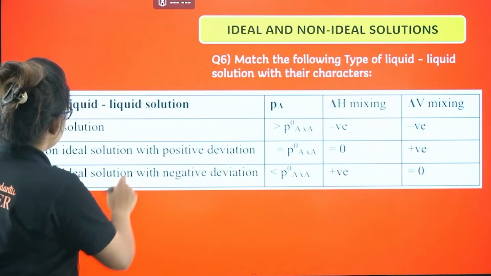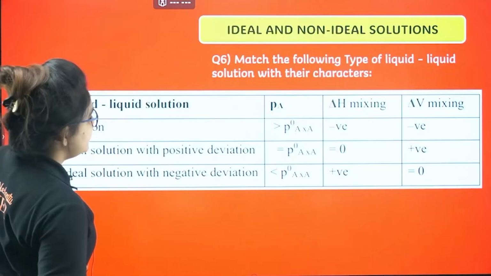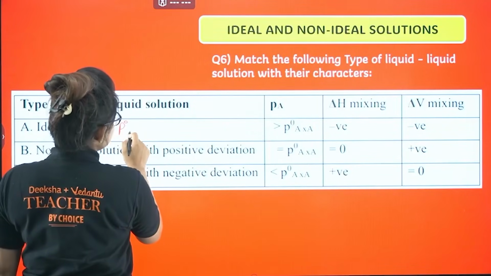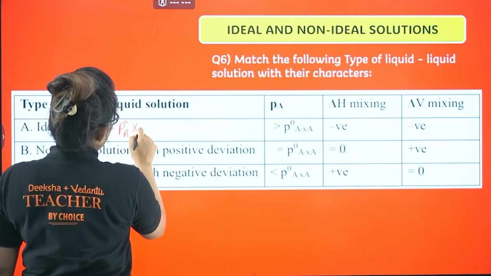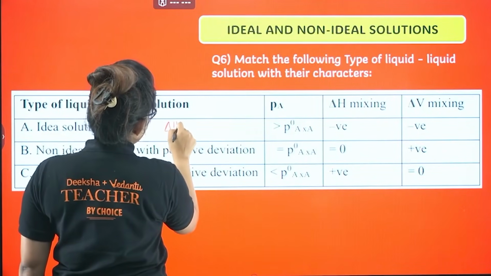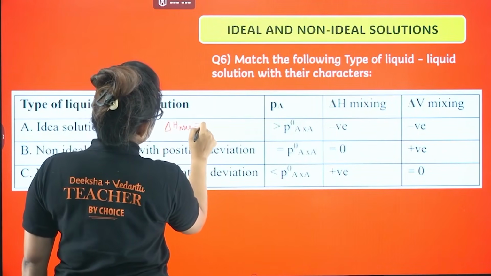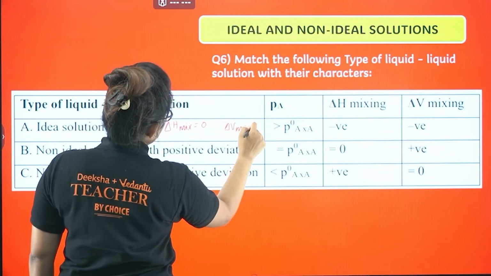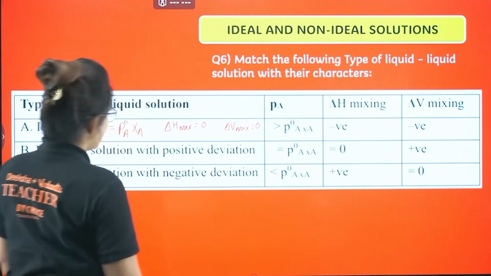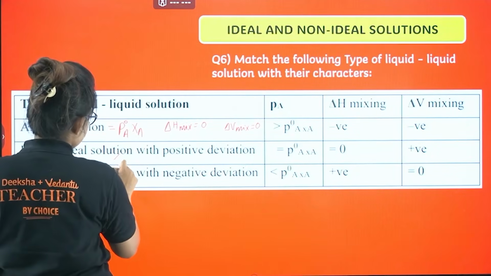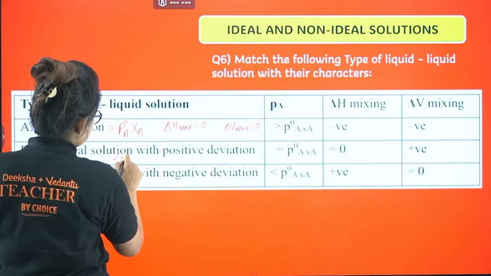Here you can see ideal solution, right? So for the ideal solution, it will be equal to P naught A of XA, and delta H mix should be equal to 0, and delta V mix should be equal to 0. Okay, non-ideal solution with positive deviation, so total pressure should be more, right?